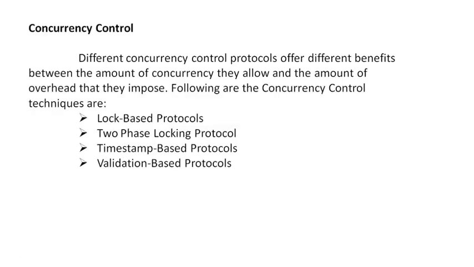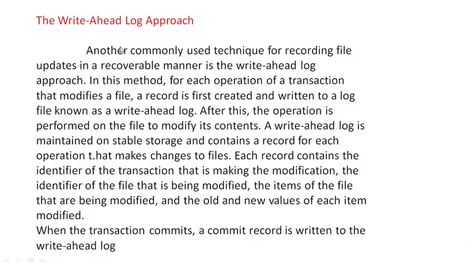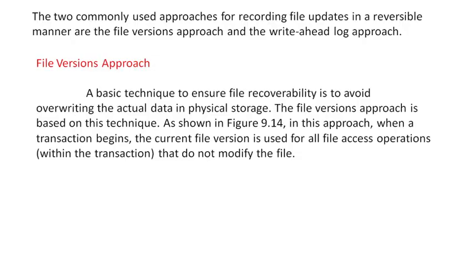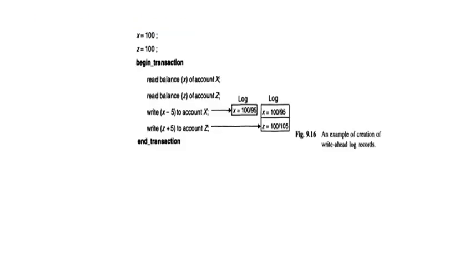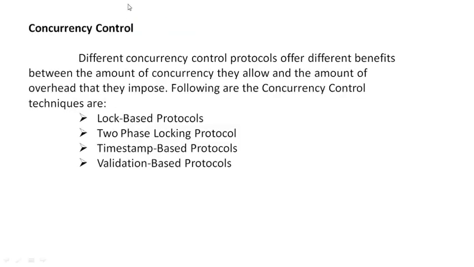it will be written to the files. The next concept in atomic transactions is concurrency control. The previous one is recovery control, recovery techniques, and here we will see concurrency control.